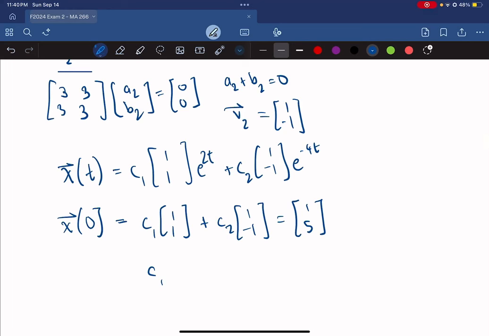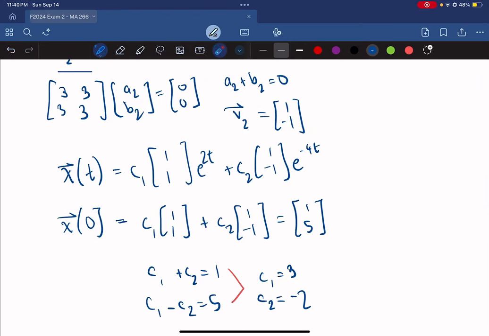So we have c1 plus c2 equals 1, and c1 minus c2 equals 5. And I won't spend much time on solving this simple system of equations, because you should already know that. So based on that, we know that c1 is going to be 3, and you can just use substitution or whatever for this. 3 and negative 2 are constants.